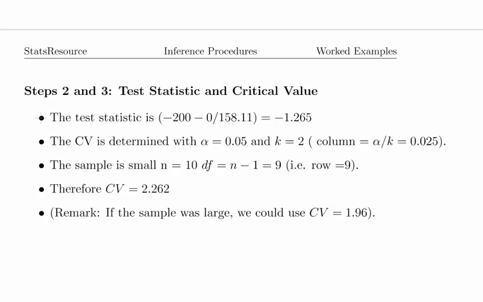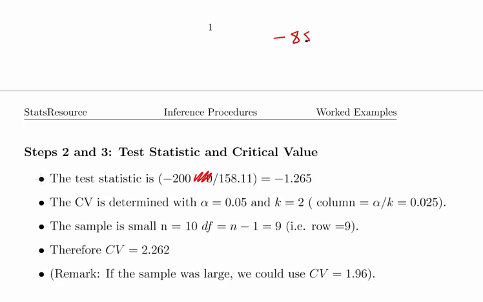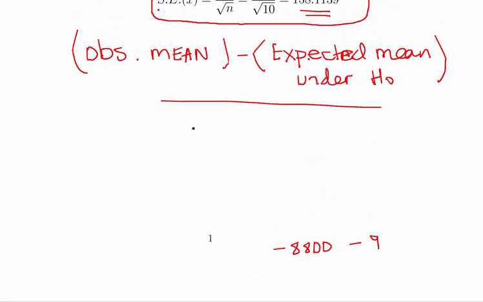I've gone a little bit ahead of myself. Anyway, you get the idea. It's the observed difference divided by the standard error, which is the test statistic. That's the general construction of the test statistic.